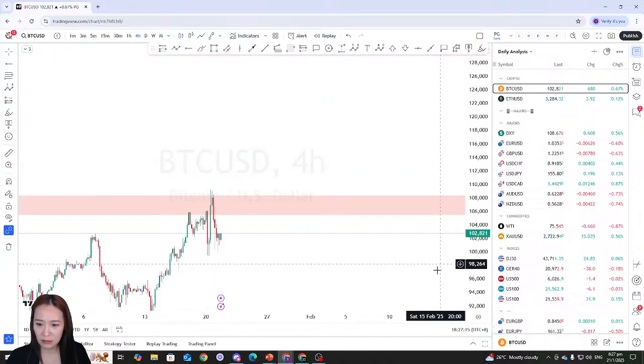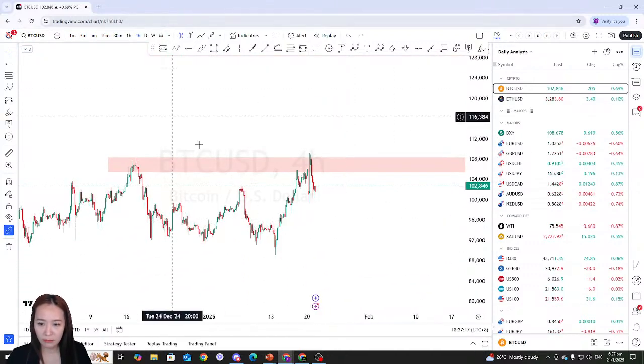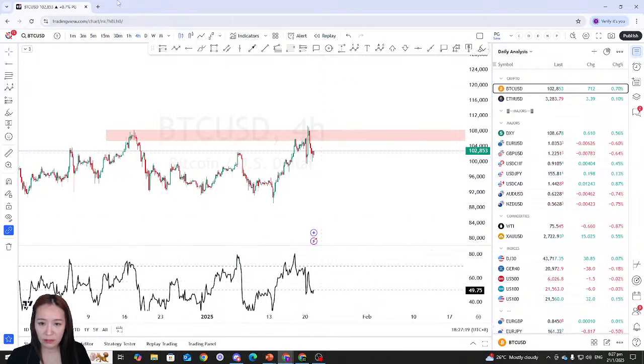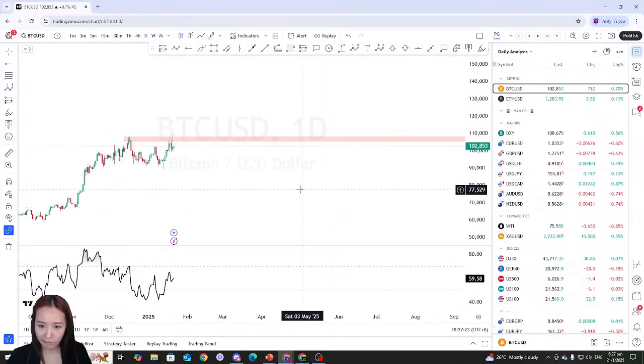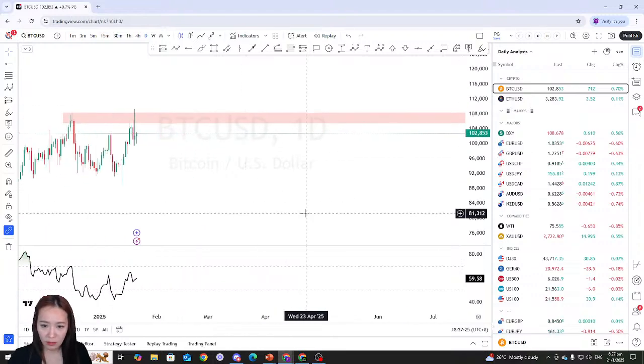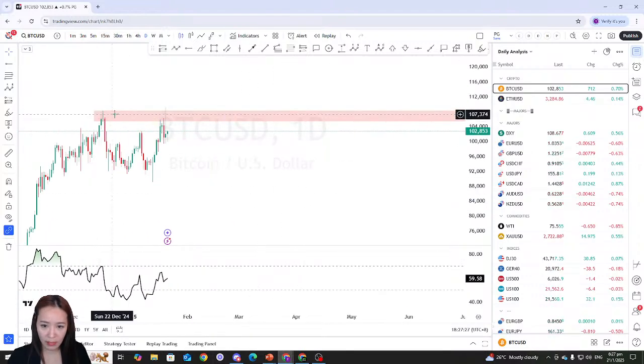BTC yesterday, divergence here. What is happening? So today you're going to look for the sell, right? Price action, sell. You can see this demand bounce off.